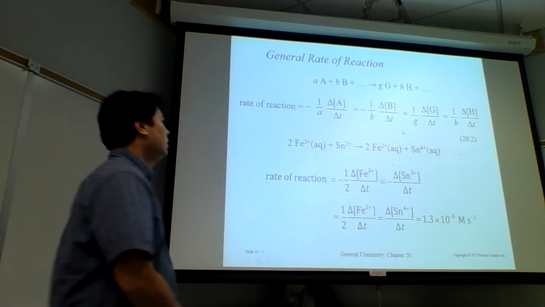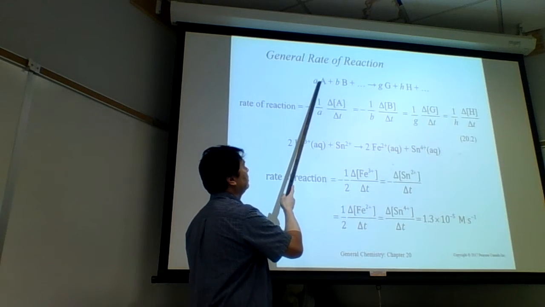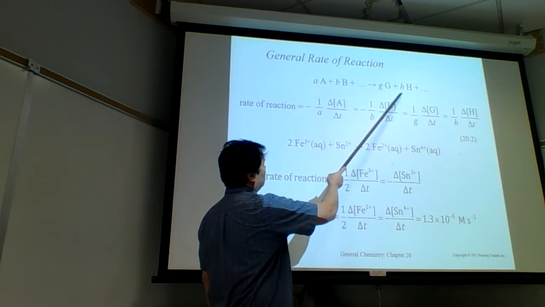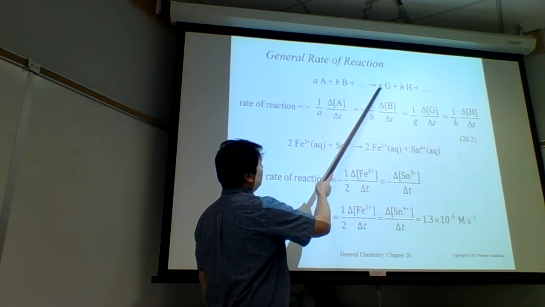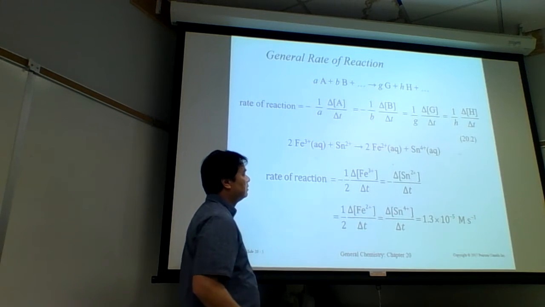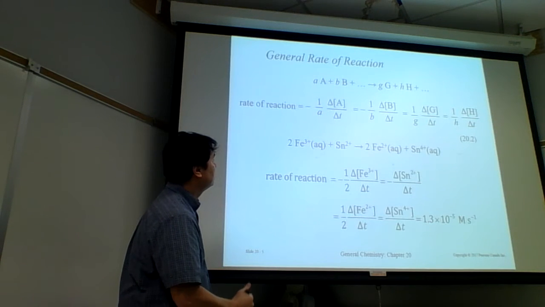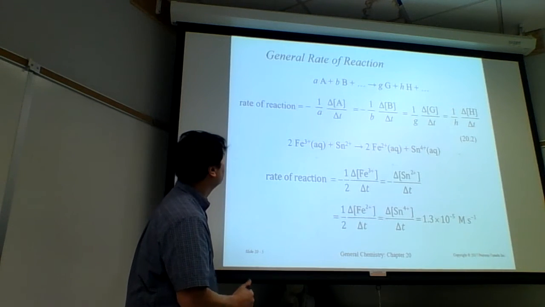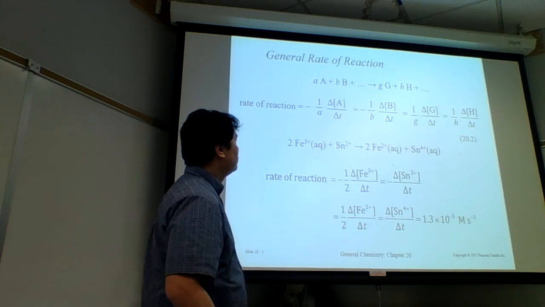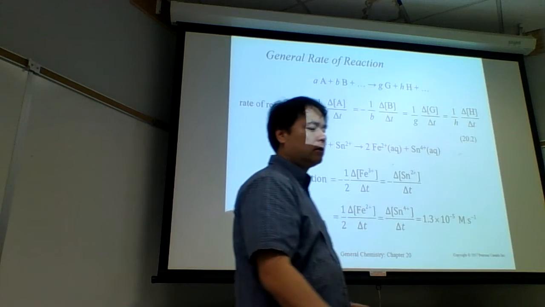In general, the rates are going to be dependent on the coefficients here: A, B, little a, little b, G, H. We usually don't worry about the products here, unless we're looking at the formation. Actually, we are looking at the formation here. So we have a generic rate of reaction, because what is the rate of reaction here?